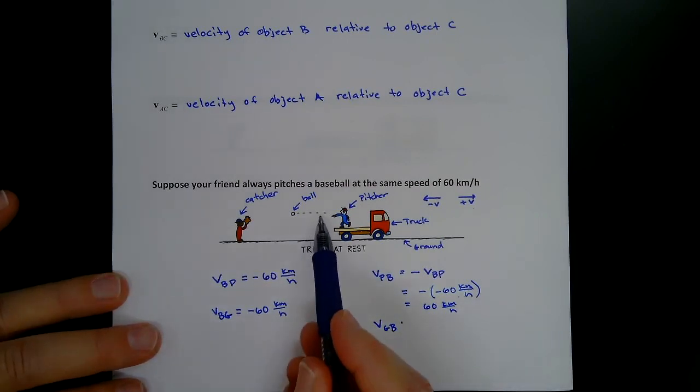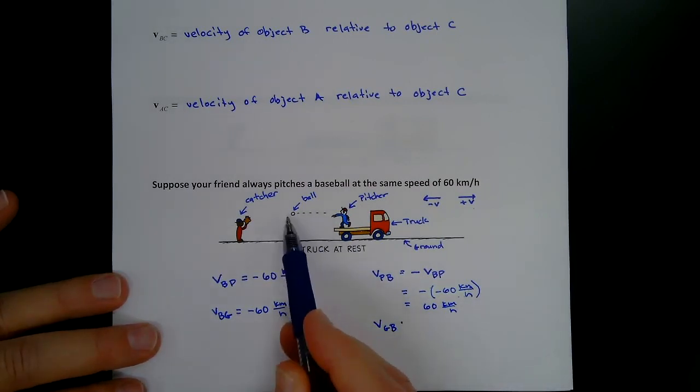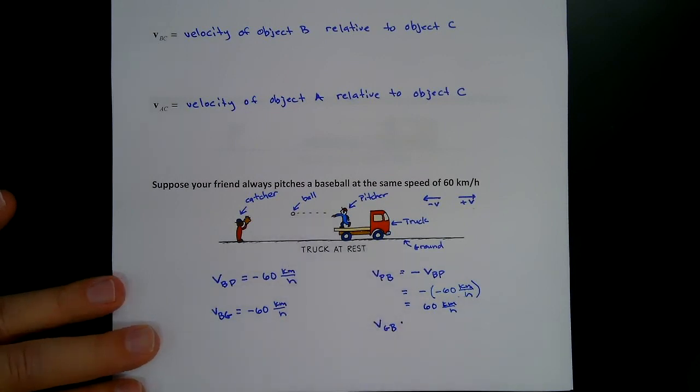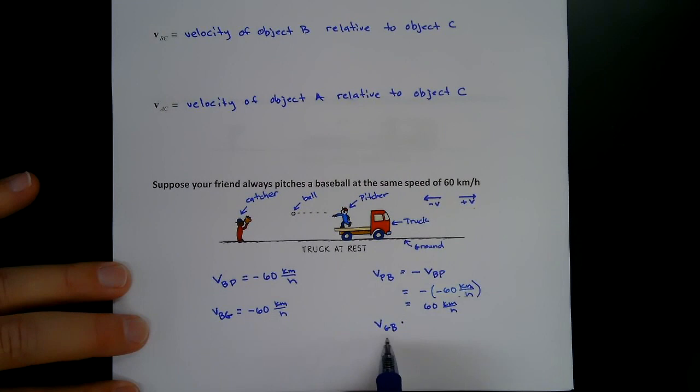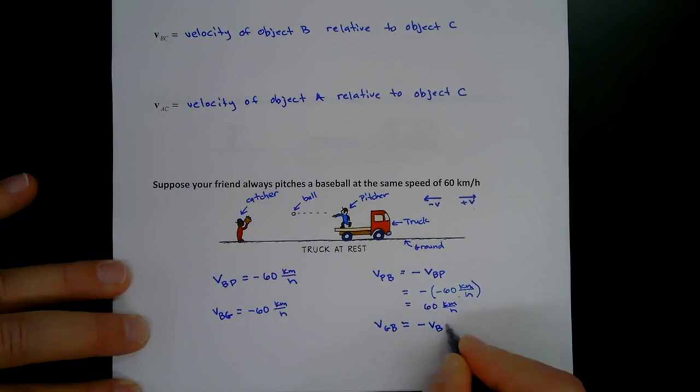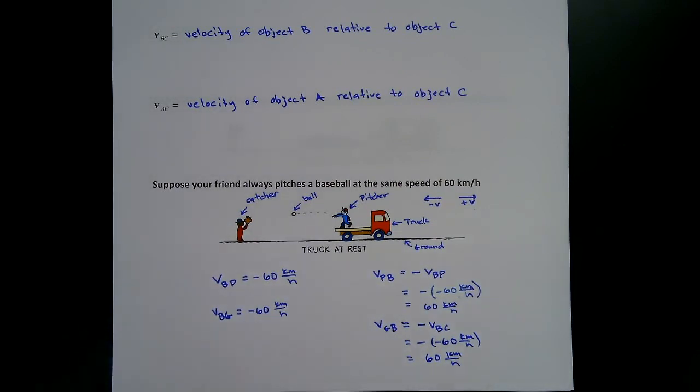Okay, because the ball relative to the ground, the ball is moving left, but the ground relative to the ball, the ground is moving right, because the two things are going to go in opposite directions of each other. Okay, so the velocity of the ground relative to the ball would be negative the velocity of BG, which would be negative, and since BG is negative 60, that'd be negative of negative 60 kilometers per hour, which would give you positive 60 kilometers per hour. Okay. All right.